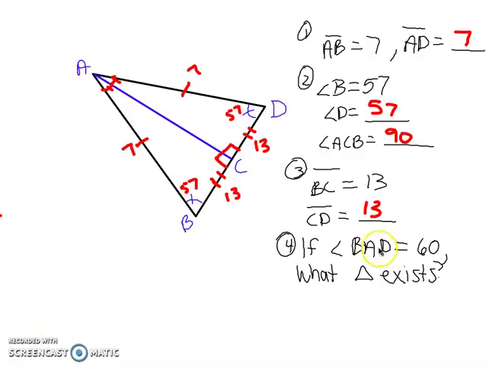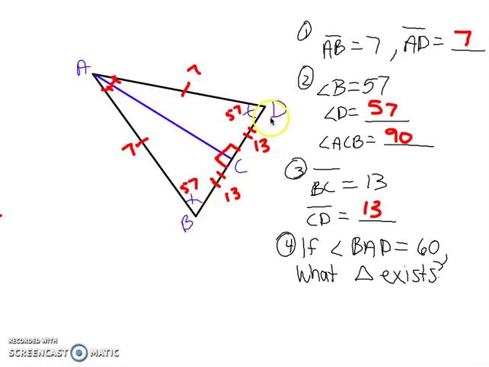So if angle BAD, so this whole triangle, this big angle, if it equaled 60 degrees, what triangle exists? Well, this would kind of be a hypothetical question. So we would erase all of these markings we have on here and just ignore them. And now we're just looking at angle BAD.